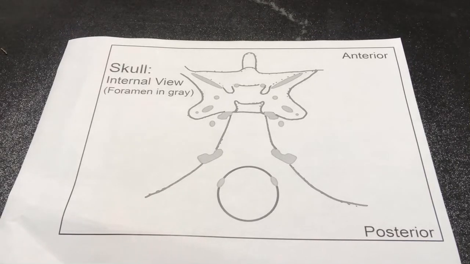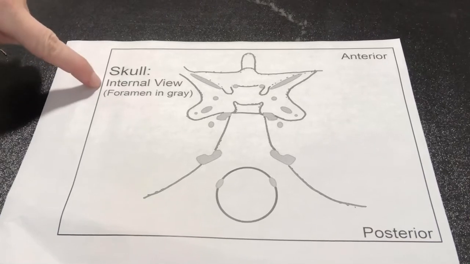Okay, so I want to show you how to use those optional skull opening worksheets. Again, like I've mentioned before, those openings or foramen within the skull are very complicated and probably the most confusing and hardest part of learning the skull. If you notice on those optional worksheets, there are two different sheets.